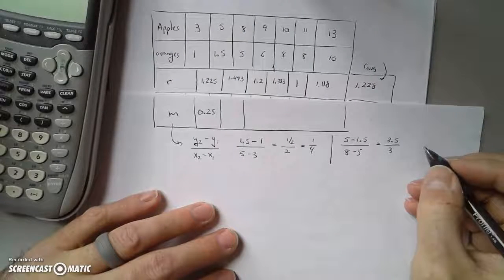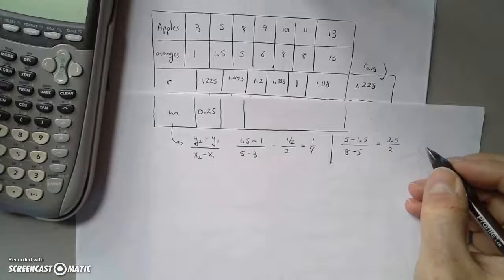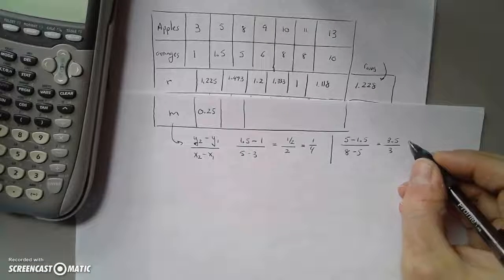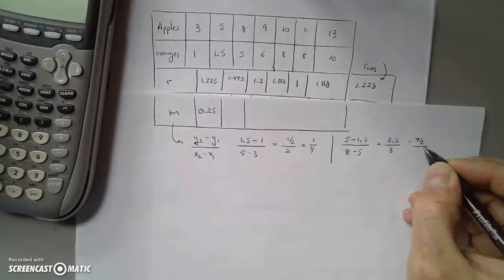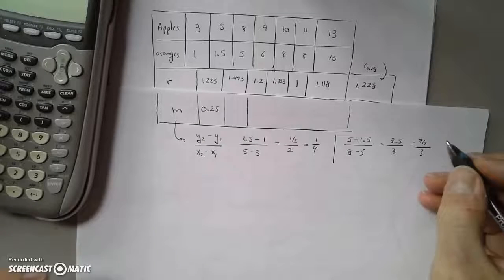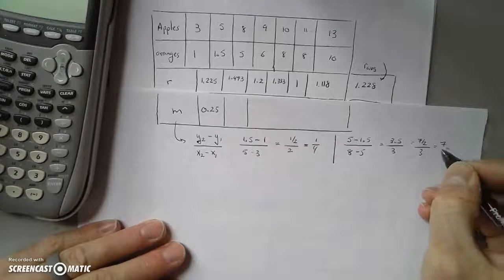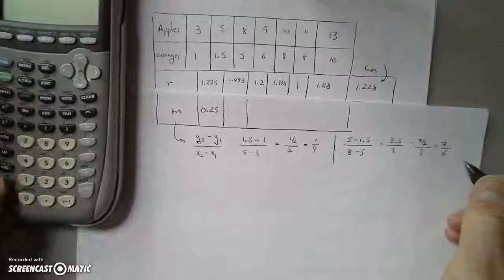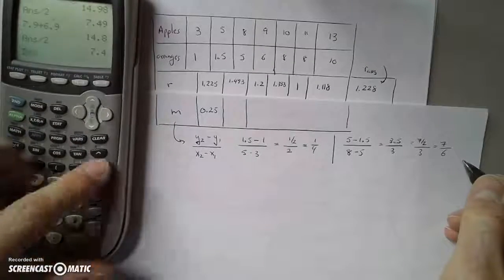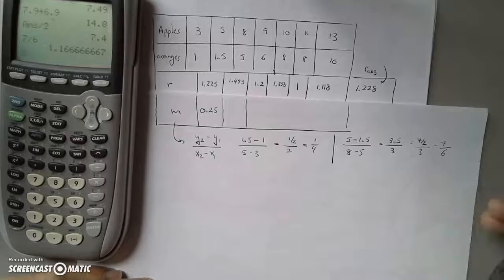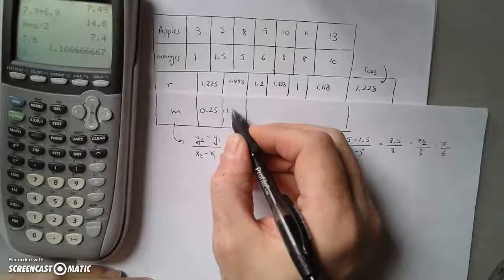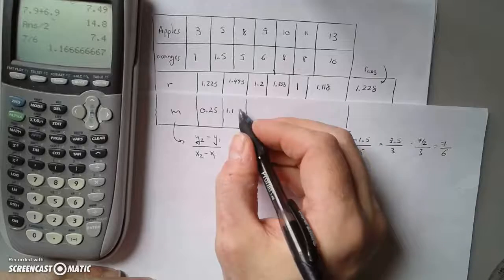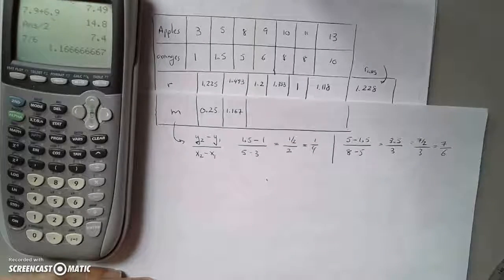That's 7 halves over 3, so 7/6. Is that 1.17? Yeah, 1.17 if we're keeping 2 decimals, or 1.167 if we're keeping 3.